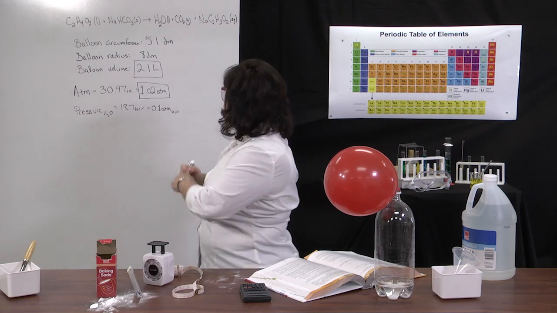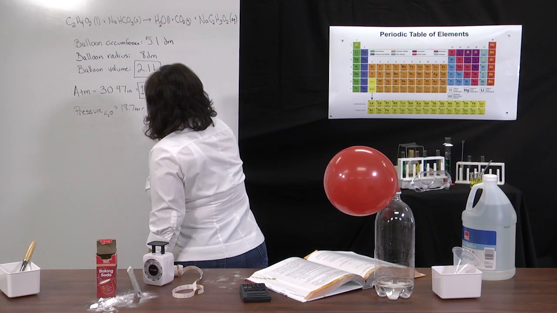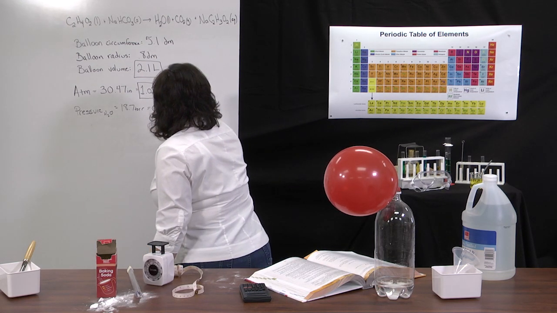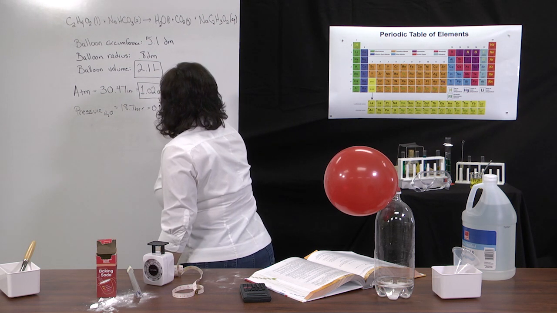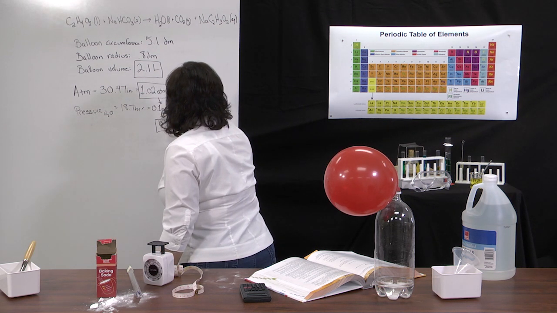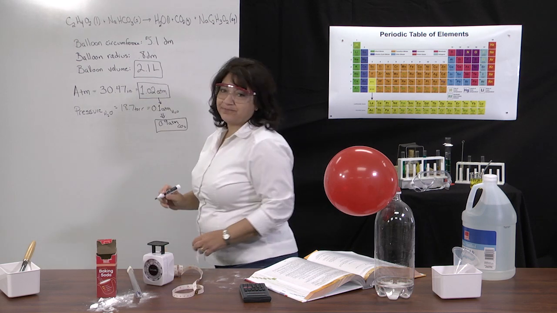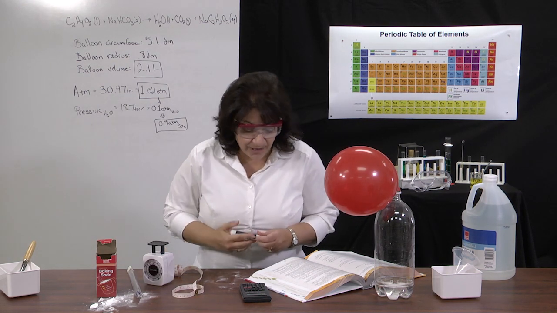So we have 0.9. We get 0.9 atmospheres, which is my carbon dioxide pressure, okay? And that's the one I really, really want.